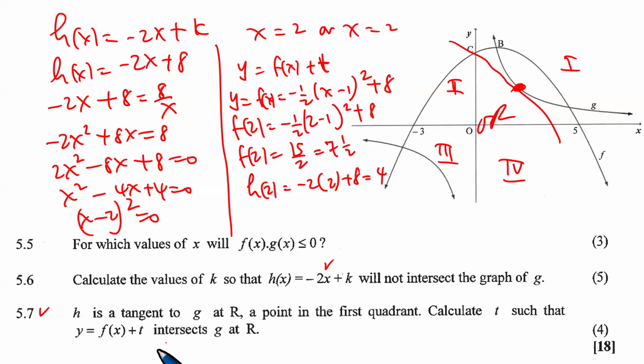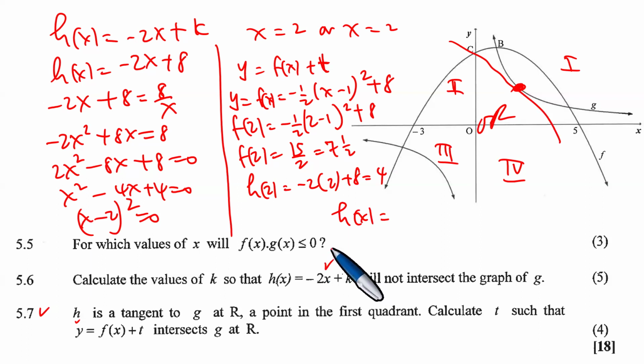So calculate t such that this intersects g, right? If this intersects g, it then means that this can be seen as h of x, because h and g intersect.